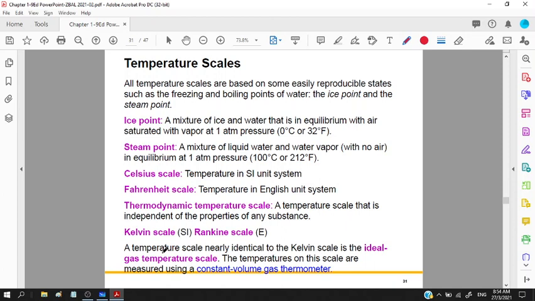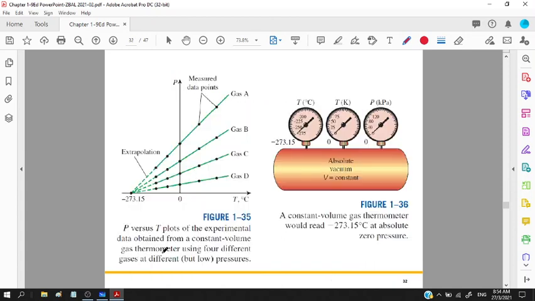There is no temperature lower than 0 Kelvin. So how do we get the value of 273, which is equal to 0 Kelvin? Minus 273 degrees C is equal to 0 Kelvin. This is what we get.